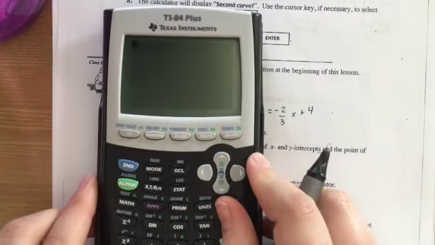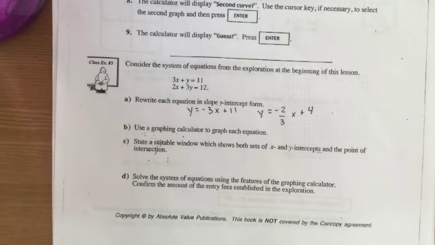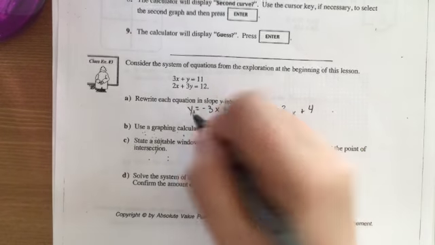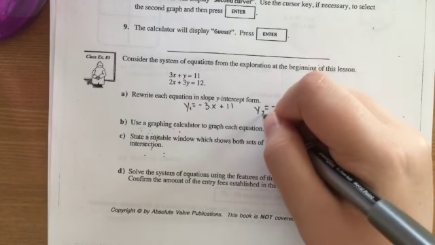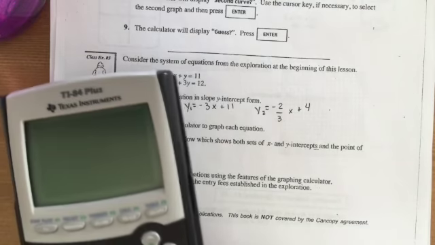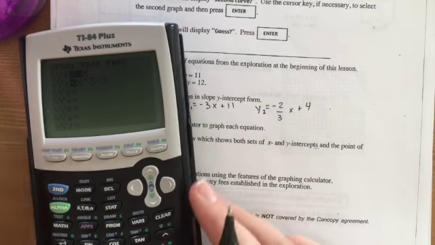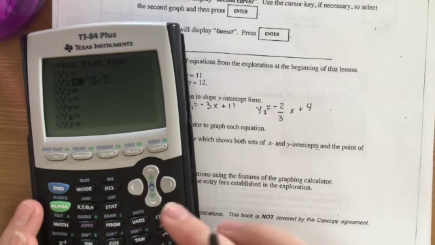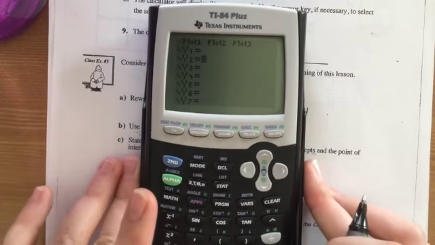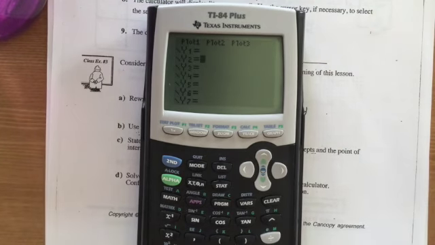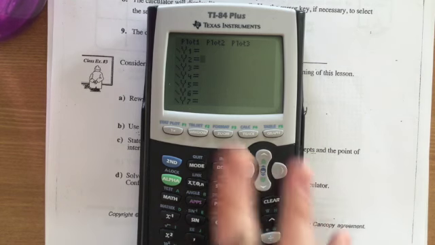So I have 2 equations for y. I can take my pick. One of them needs to go into y1. One of them needs to go into y2. Doesn't matter which one. But I'm going to label y1 as the -3x plus 11 and y2 as the -2/3 x plus 4.